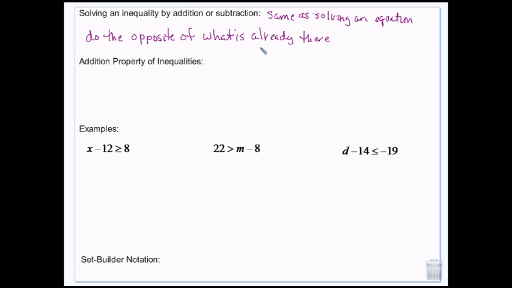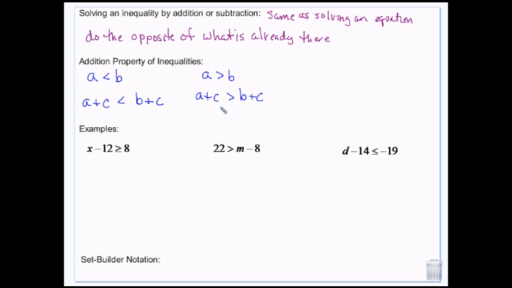If they subtracted, you add. We have what's called the addition property of inequalities, which tells me that if A is less than B, then A plus C will still be less than B plus C. Or if A is greater than B, A plus C will be greater than B plus C.